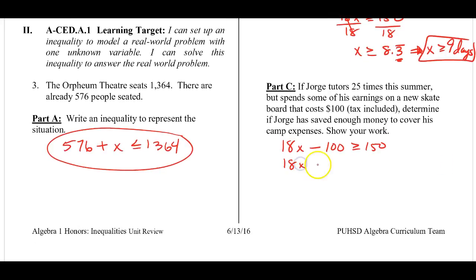So 18x is greater than or equal to 250. x is greater than or equal to 250 divided by 18, which gives us 13.8 days. So if he works at least 14 days, he's going to make enough money. Since he's working 25 days, yes, he's going to have enough.